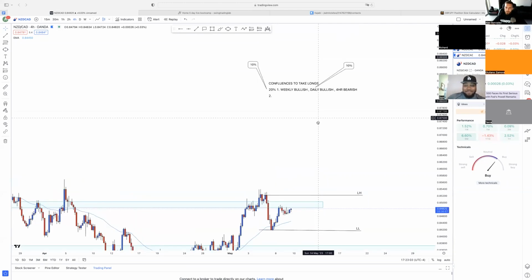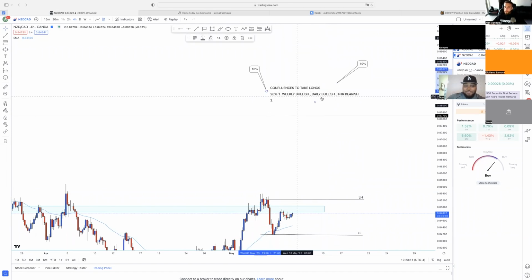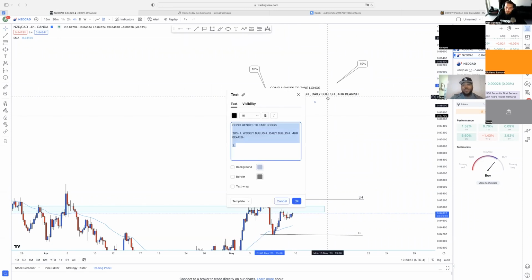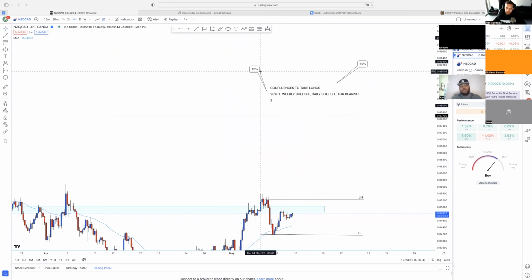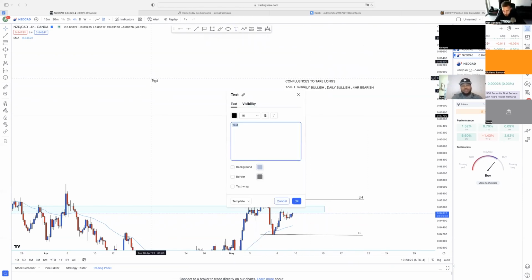So as of right now, I want you guys to understand that this is all that we need for Confluence 1: are we bullish or are we bearish? So we're going to put here, Confluence 1, are we bullish or are we bearish?